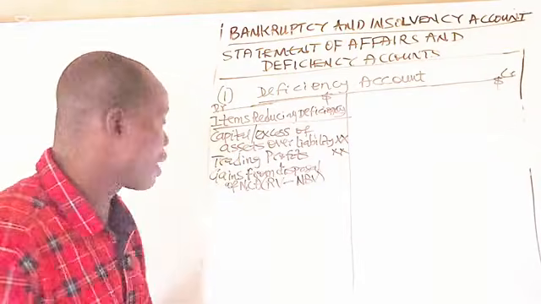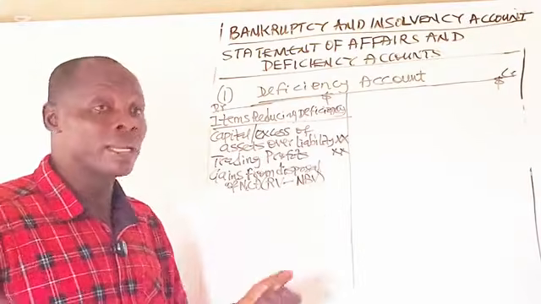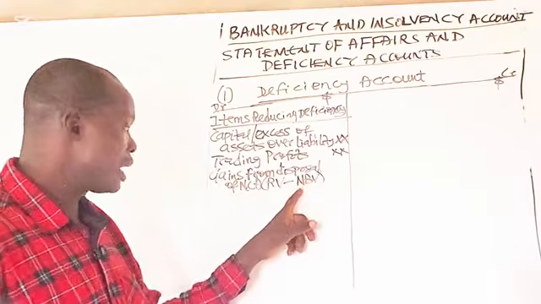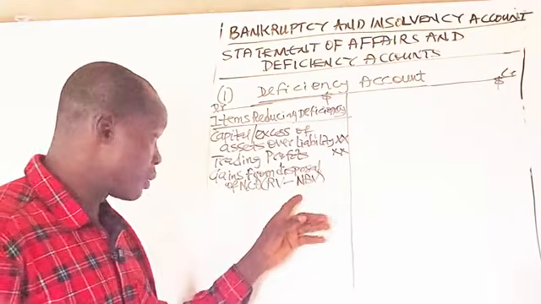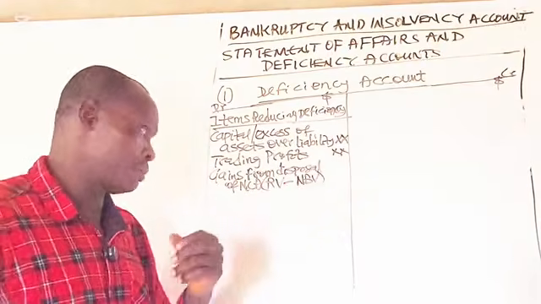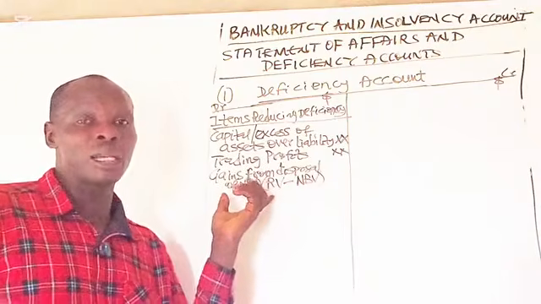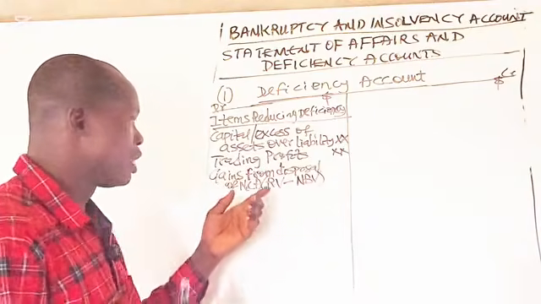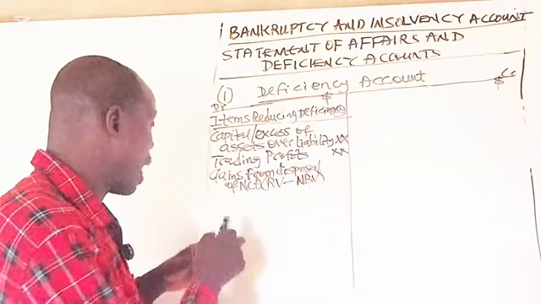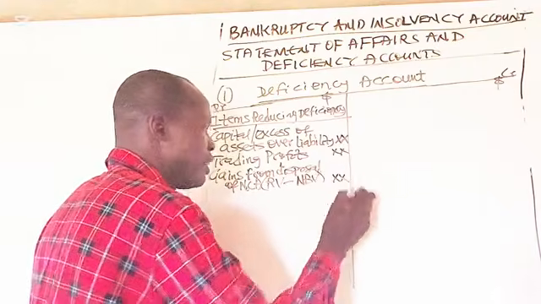You'll be given the realizable value of the asset. Then you'll be given the book value of the asset, that is the carrying amount, cost less accumulated depreciation, the value recorded in the financial statements. You compare it with the realizable value. If the realizable value is greater than the book value of the asset, then you have gains from disposal of the asset.